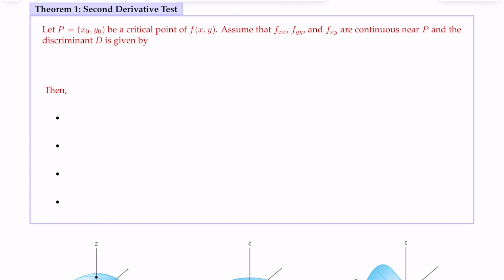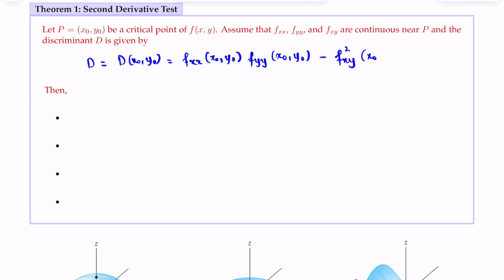Assume that the second order partial derivative with respect to x, the second order partial derivative with respect to y, and the second order mixed partial derivative f x y are continuous near p, and the discriminant D is given by D of x0, y0 equal to f x x evaluated at (x0, y0) times f y y evaluated at (x0, y0) minus f x y squared evaluated at (x0, y0).